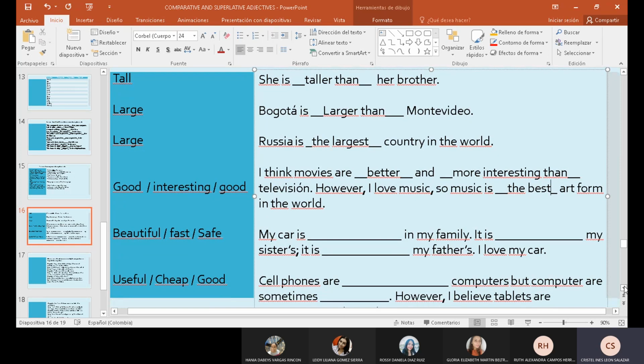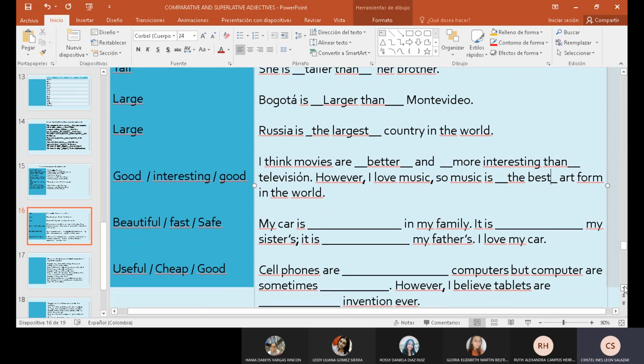You must be very careful to read this sentence. Valeria, please help me with that sentence.